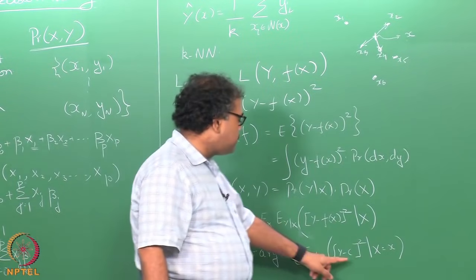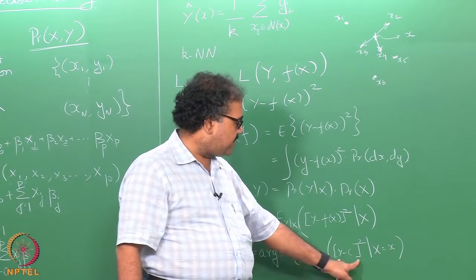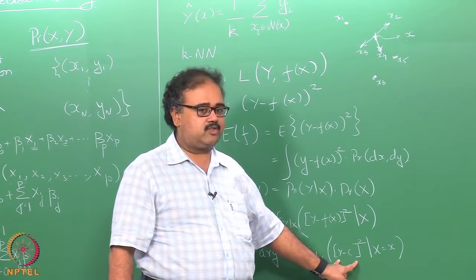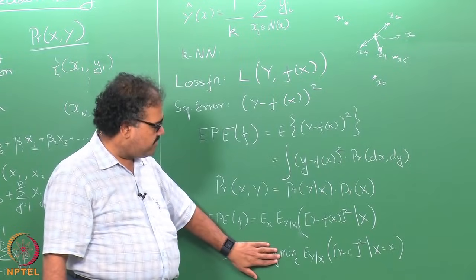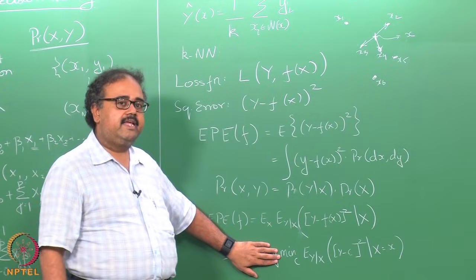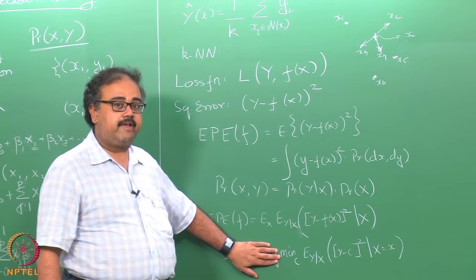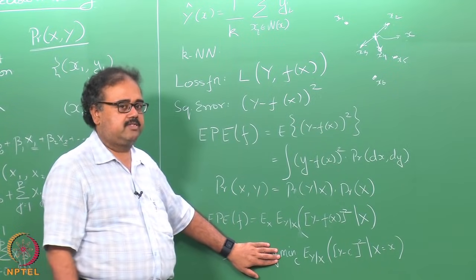So, what is the value that I should choose for C? It should be such that the error, which is y minus c squared, is as small as possible. So, I am minimizing over the different possible values of C that I could assign for f of x. I am trying to pick that C which gives me the smallest error.